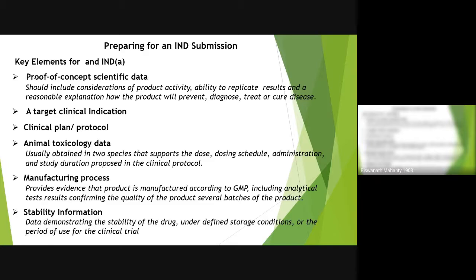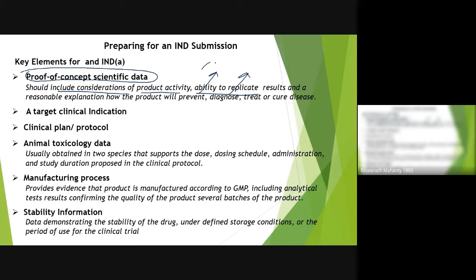When I'm going to have the human trial studies, they should include considerations for product activity and ability to replace. That means if there is an existing drug, how are you going to be a better one. Ability to replicate: whether you can do the study, how many studies have you done. For example, if you are talking about animal models, how many animals you have studied, how many times you have studied.